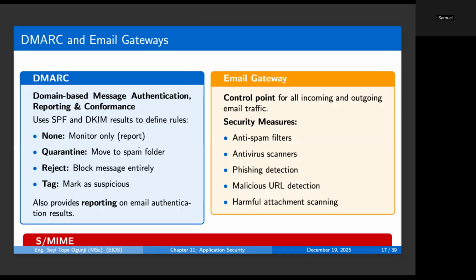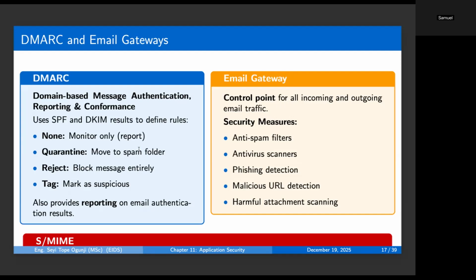As a referee, it decides what happens after SPF has done its job and after DKIM has done its job. Number one, none: just watch and report, just monitor. That's a learning mode. DMARC can tell receivers to say none, which means do nothing, monitor only.